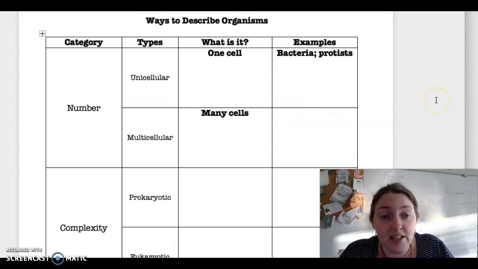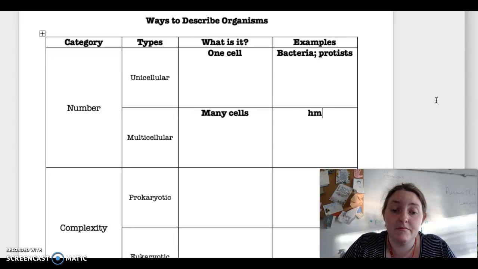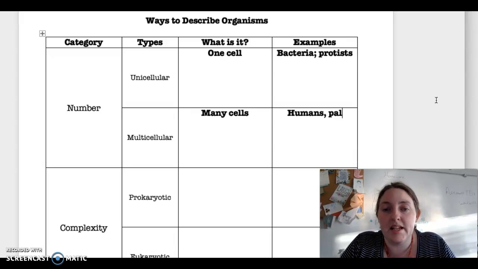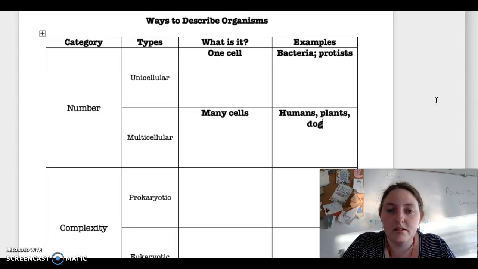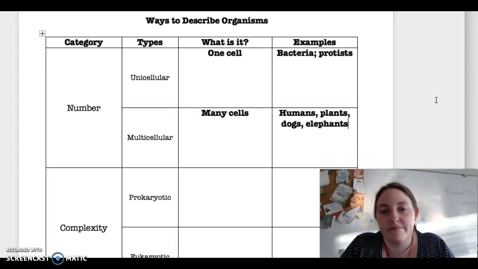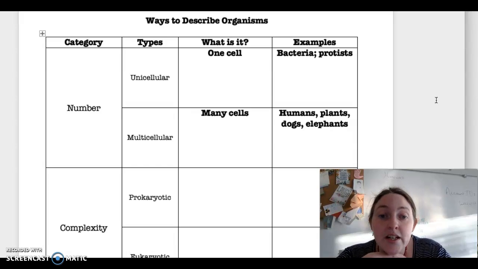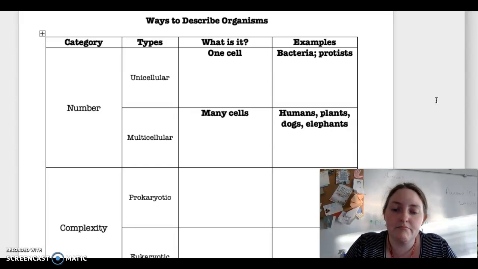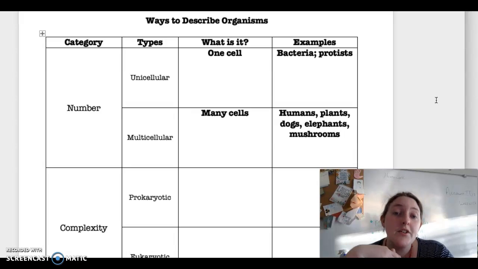Things that are many-celled could be humans, plants, dogs, elephants, anything of that sort that is very complex in nature. Mushrooms, even. So we can categorize or describe them using numbers.